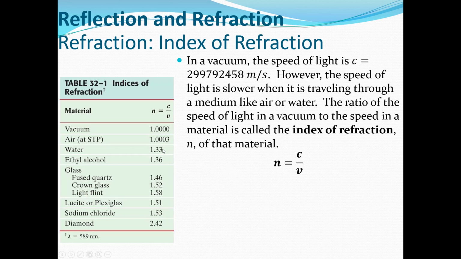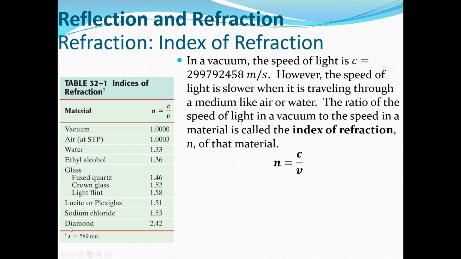But then when we get into water, we'll see that it ends up being slower by 1.33. So the ratio being that light is 1.33 times faster in a vacuum than it is in water. And in a material like diamond, the index of refraction is 2.42. This is probably the highest that you will see, but we could have index of refractions even higher.